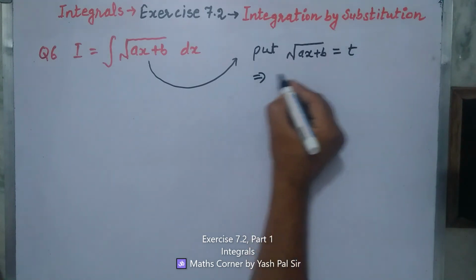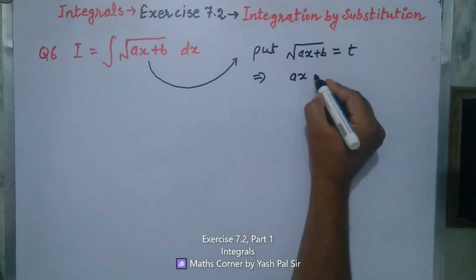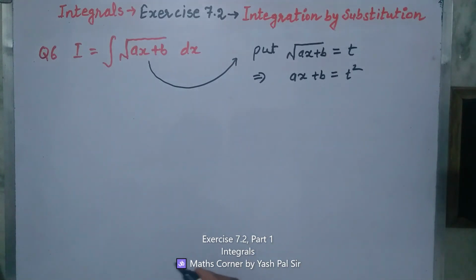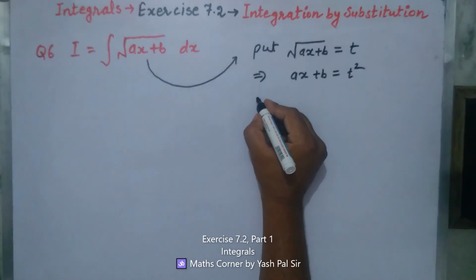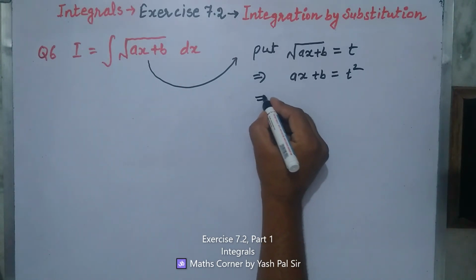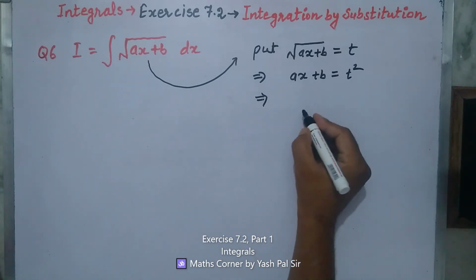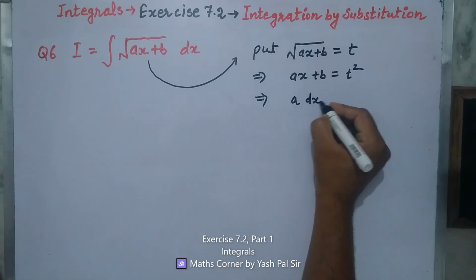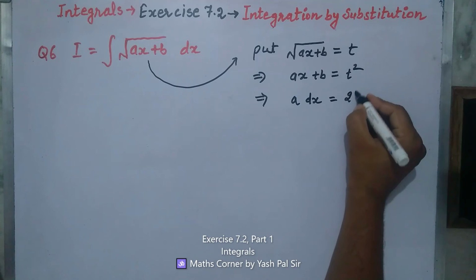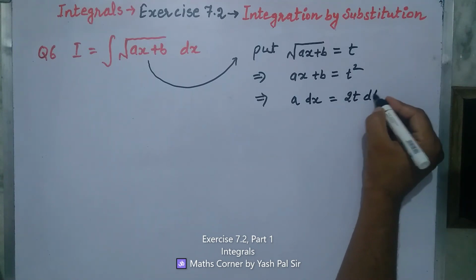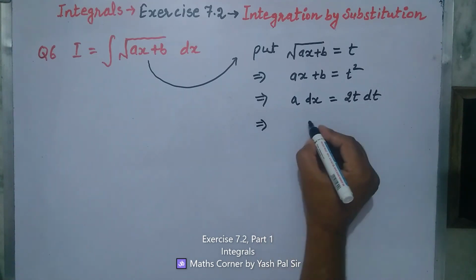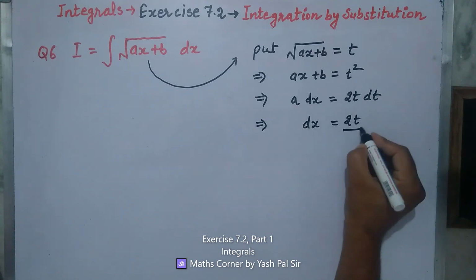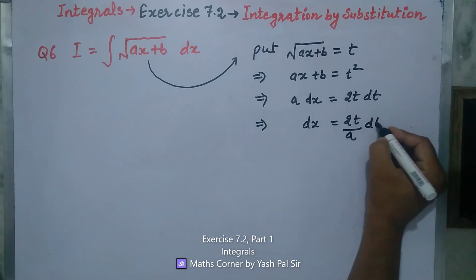It means ax plus b is equal to t square. Now differentiating with respect to x, a into dx is equal to 2t into dt. So that means dx is equal to 2t upon a into dt.